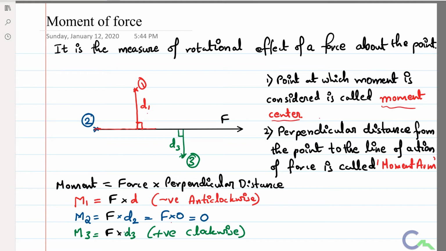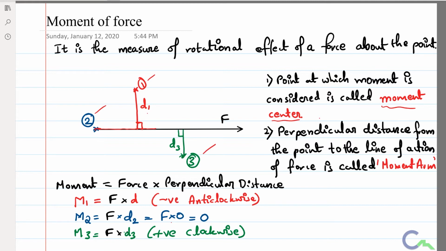The moment center, the point at which the moment is considered, is called the moment center. The perpendicular distance from the point to the force is called the moment arm. In this case, I have taken three points: moment center 1, moment center 2 and moment center 3.